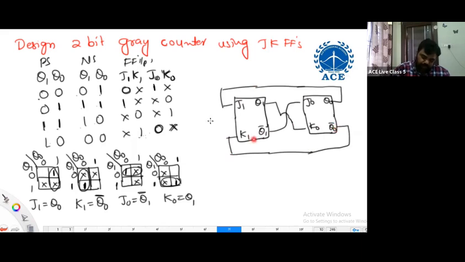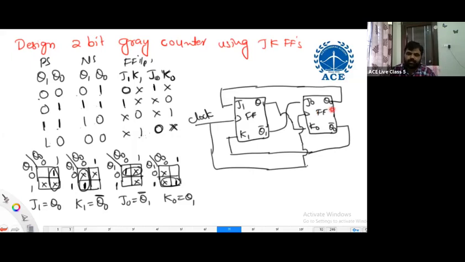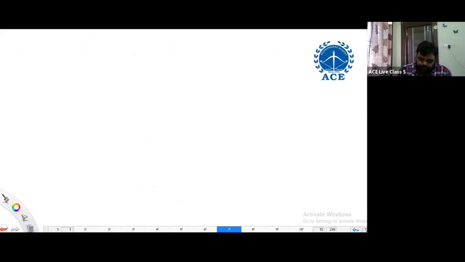Then synchronously clocked. Clock must be common. Correct. This is a gray counter using JK flip flops. Moving to next slide.